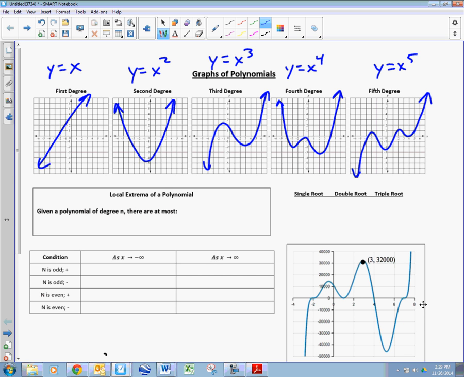So, local extrema of a polynomial. These are called local extremes, local mins or local maxes. If it goes up, it's a max. If it goes down, it's a min. Given a polynomial of degree n, there are at most how many? If the degree is n, how many bumps will it have? N minus 1.